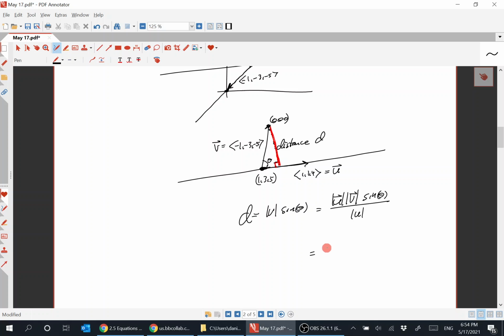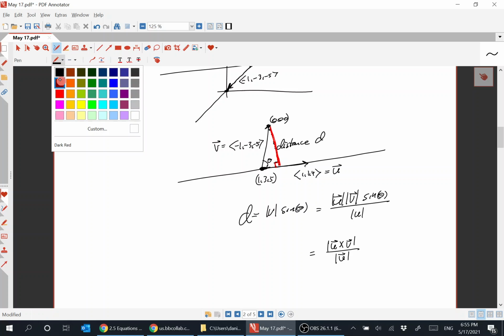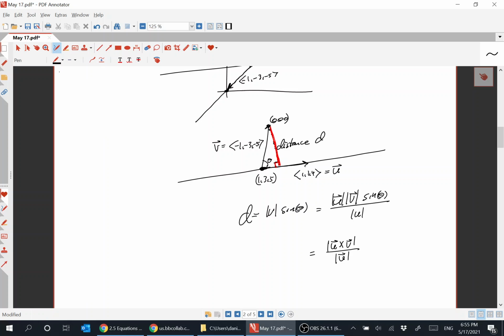Length of the cross product. Right? So we don't actually have to do any trigonometry here. We have all the coordinates we need, and it's all just buried in the cross product. Or sorry, the trigonometry is buried in the cross product. That's what I'm trying to say.